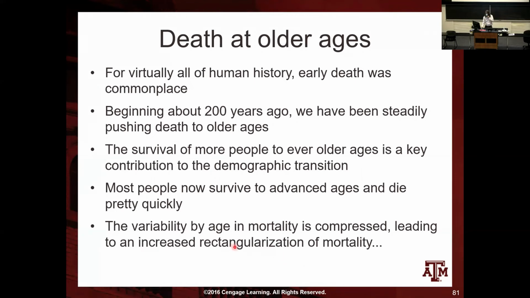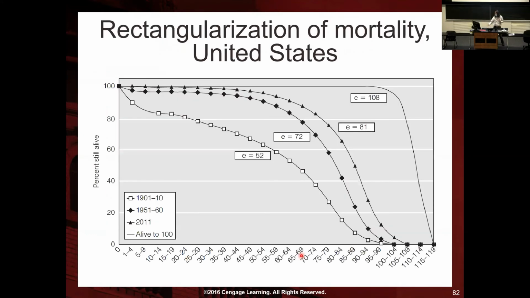And what does it mean, this rectangularization of mortality? It can be shown in a graphical format based on this figure here. So this is data for the US, right? The age-specific life expectancy at birth, and the life expectancy for all the other age groups from 1901 to 1910.